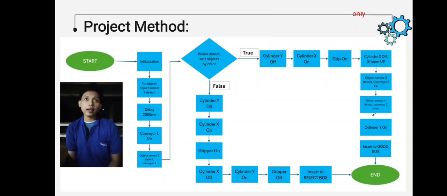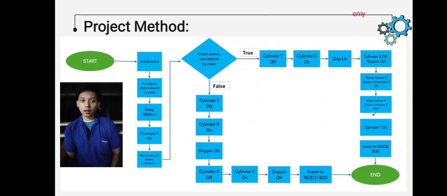There is a delay of 2000 milliseconds, and then conveyor 1 will be on after the object reaches sensor 2. Sensor 2 will detect the object, and then conveyor 1 will be stopped, and the vision will detect the object.